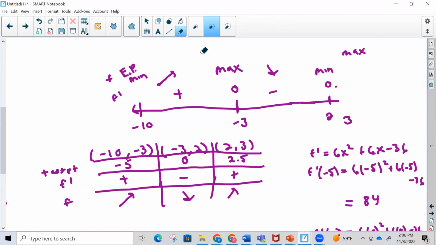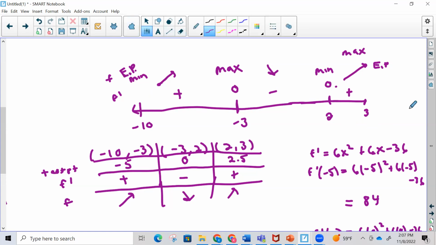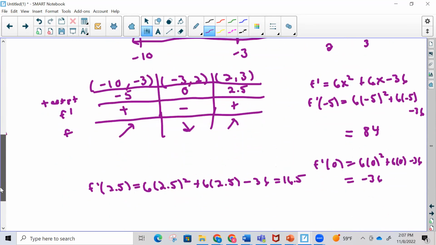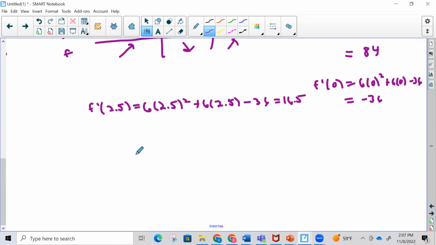Move this over a little bit. Okay, so it'd be going up until we get to 3 and then we'd stop. So this endpoint would be a max at 3. So if we then have to list them, we're probably going to give both the x and the y values.